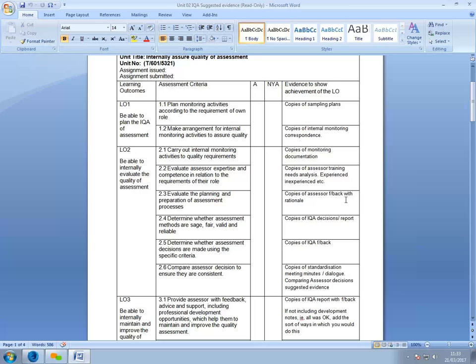If the answer is no, that's fine. But it's recorded that at this point they can cover that, and at this stage no further training required. It will also highlight areas where assessors do need some further training or additional support to carry out their role. So, evaluate copies of assessor training needs analysis, experience, inexperience, etc.